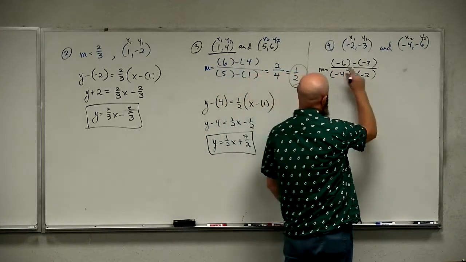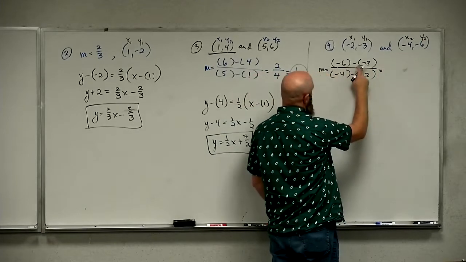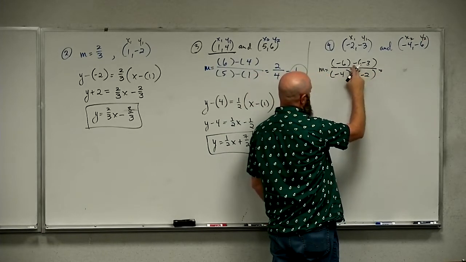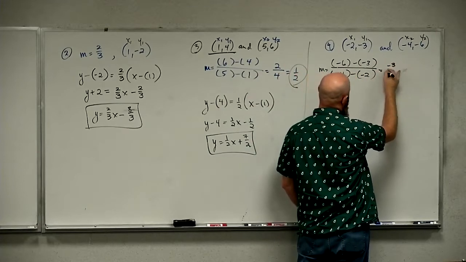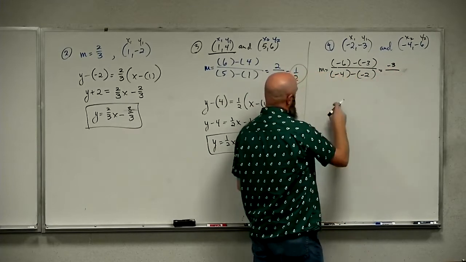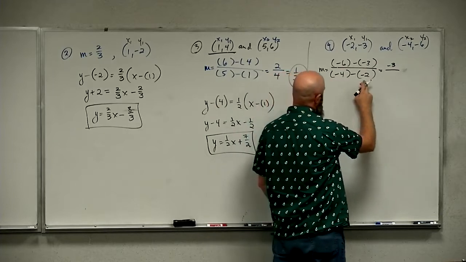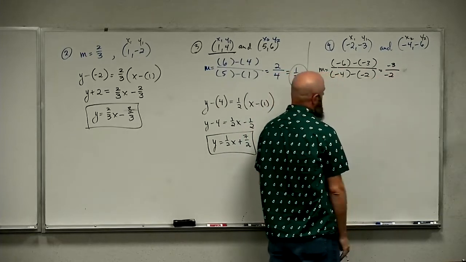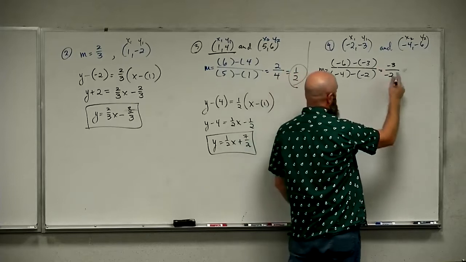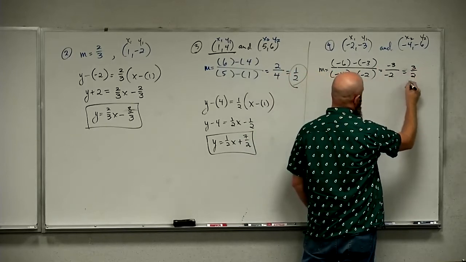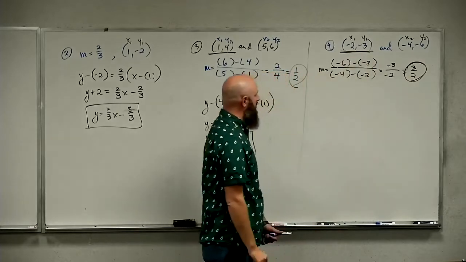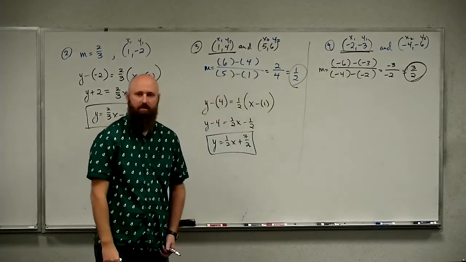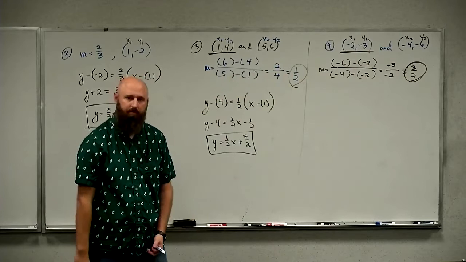All right, so -6 plus, that's what that double negative means, 3. So -6 plus 3 is -3. And then -4 plus 2 is -2. Negative over negative makes positive 3 over 2. And again, we're going to use that slope with that first point because it's already labeled as x1, y1.